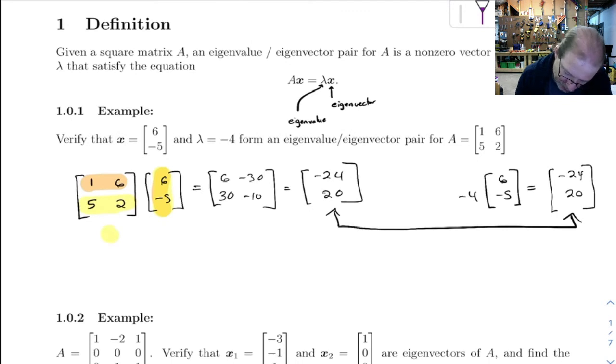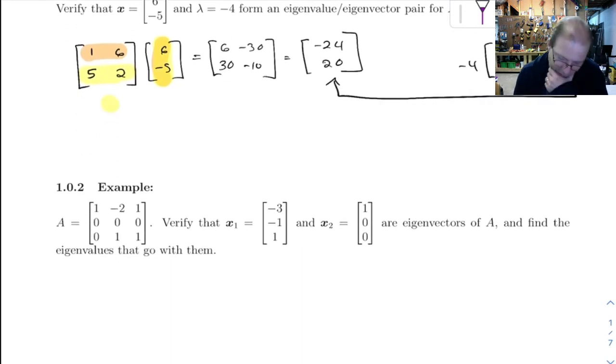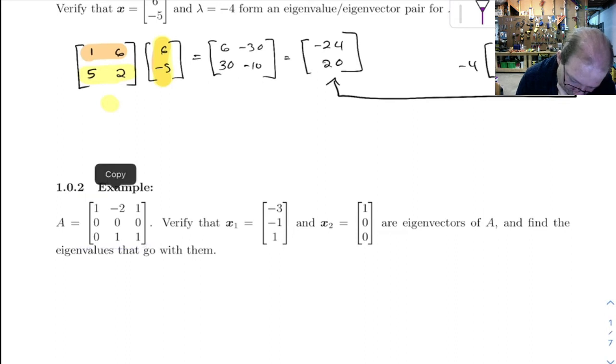All right, let's look at one more thing here. Verify that these two things are eigenvectors of this matrix, and then find the eigenvalues that go with them. What we've got to do is multiply this matrix times this, negative 3.